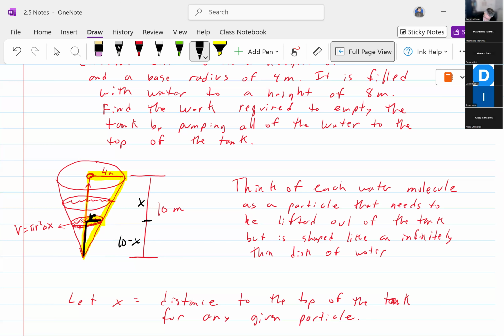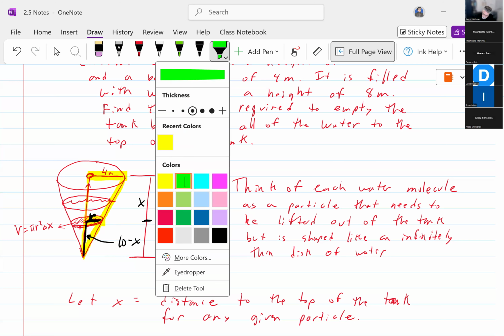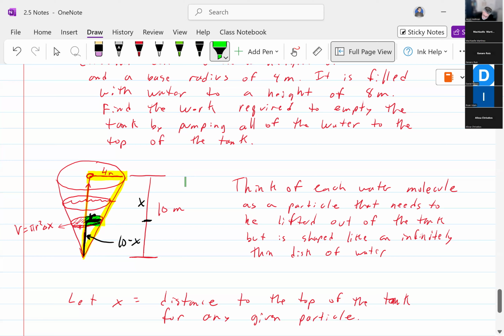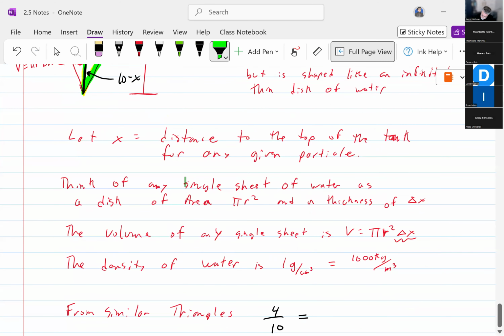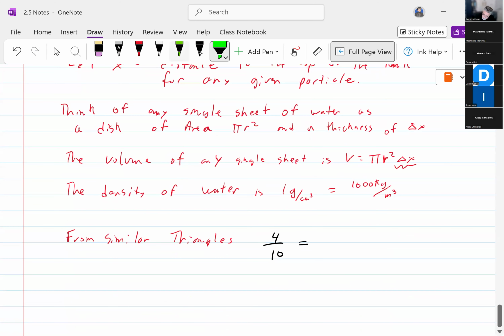That's that guy there. So 4 to 10 is a similar triangle as R is to 10 minus X.